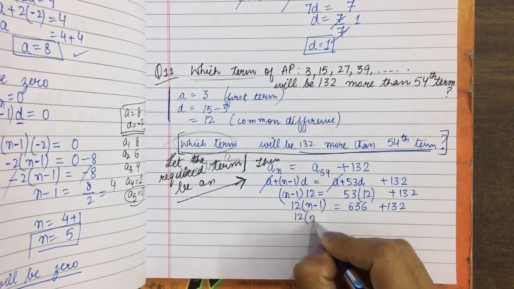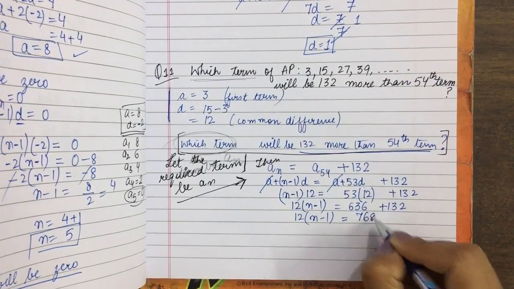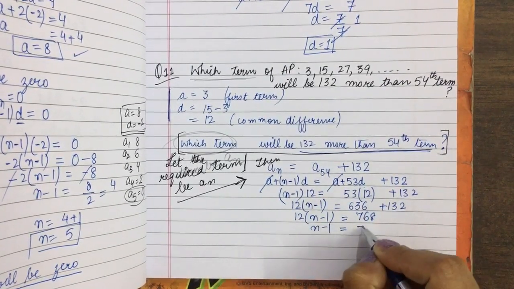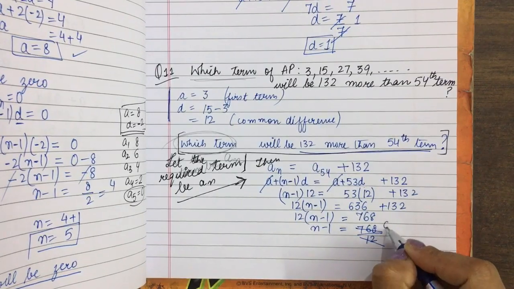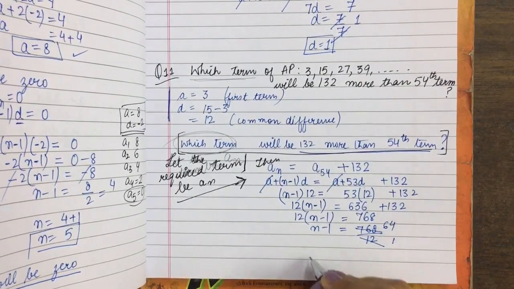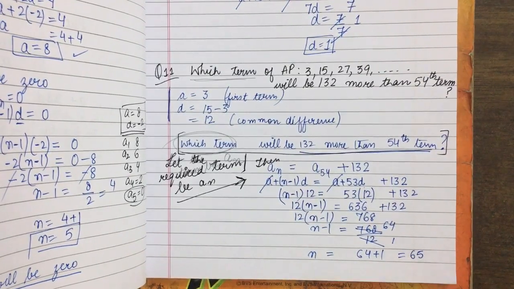So this will be 12 into N minus 1 equals 768. So N comes out to be 65.